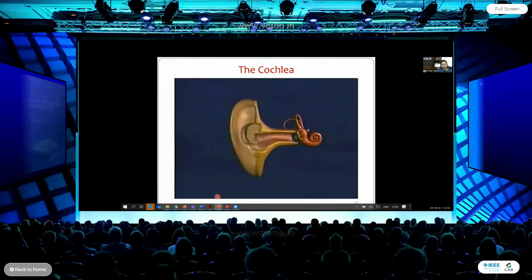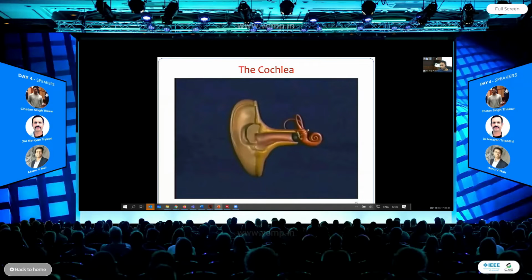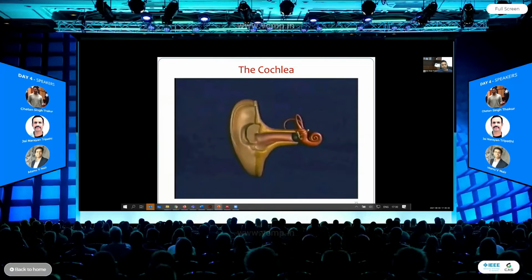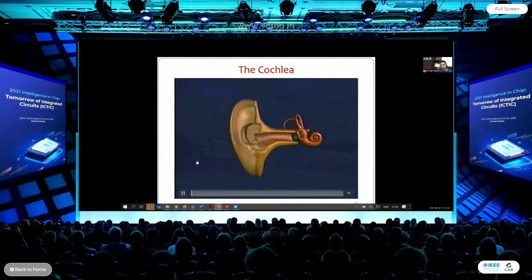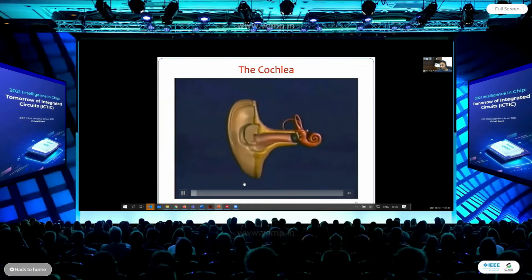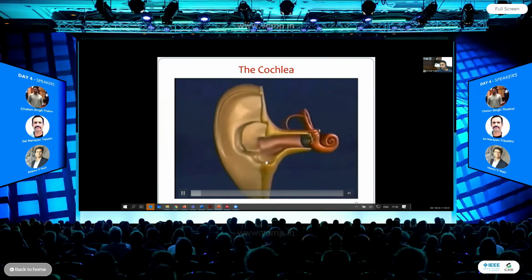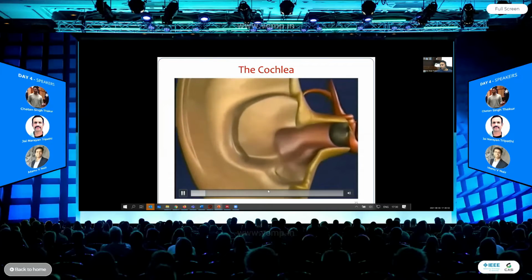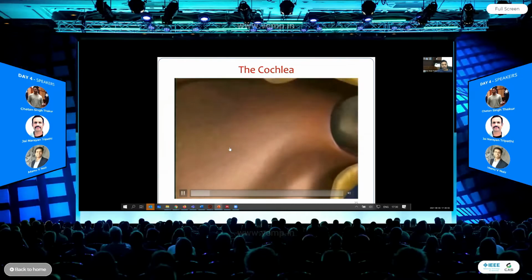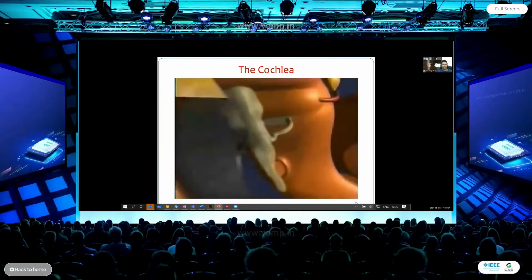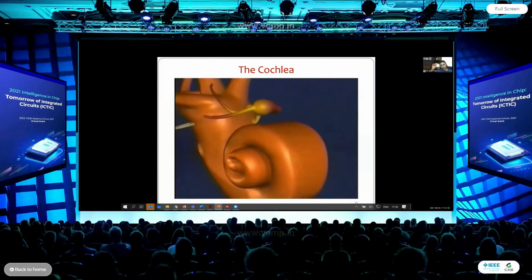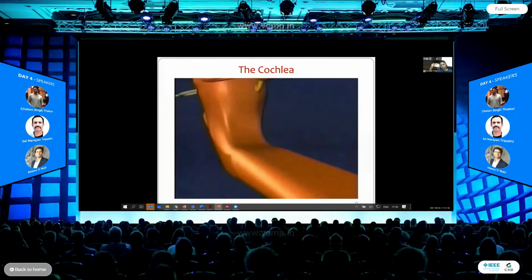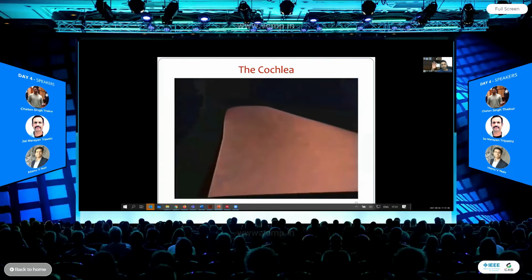Okay, let me play this small video. I'm not sure that you can hear, but basically it's playing a sound, and based on the sound frequency, different parts of the basilar membrane vibrate. As an engineer, you can think of it like an FFT. Based on the frequency components of the sound, different parts of the basilar membrane will vibrate.